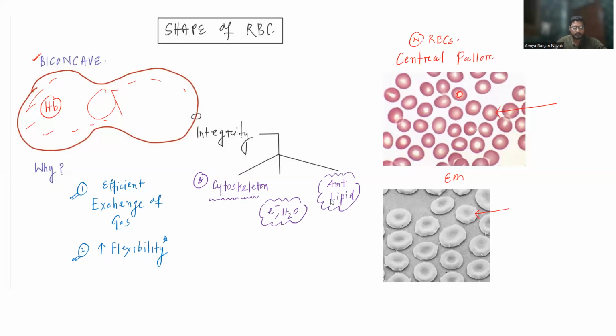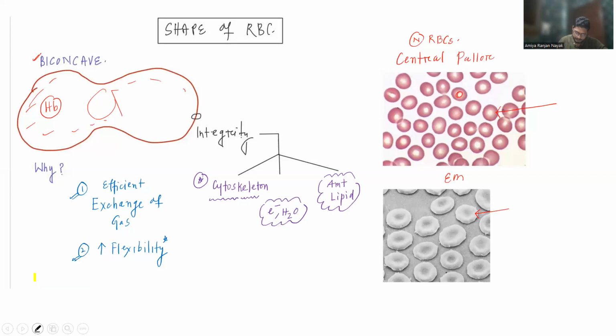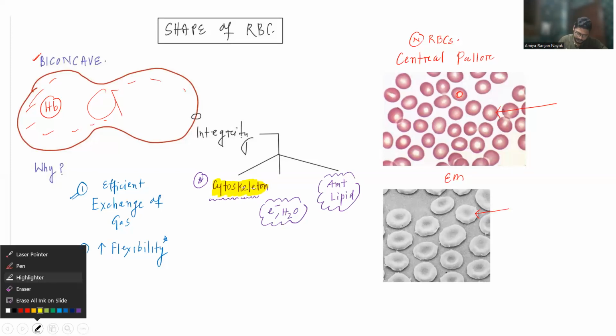But the most important factor that you have to remember is the cytoskeleton. So this is about the shape of the normal RBCs. Now we'll see some more properties.